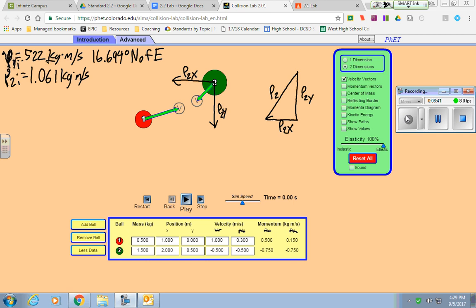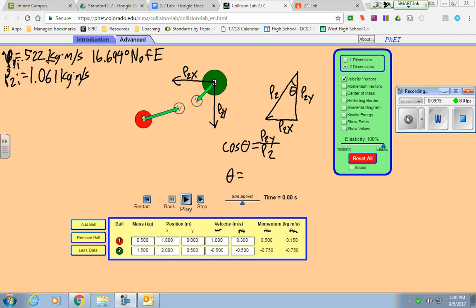And then what I want to find is the angle between the momentum and P of 2y, so I'm going to use cosine theta, which is our unknown angle, is going to be P2 of y over P2. I'm going to rearrange that and solve for theta.